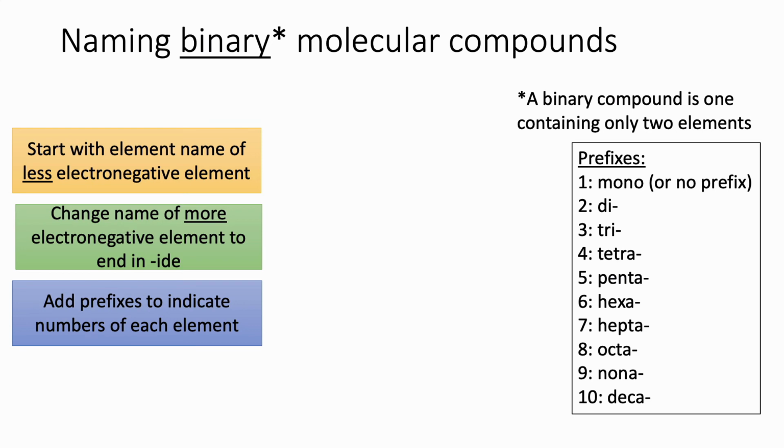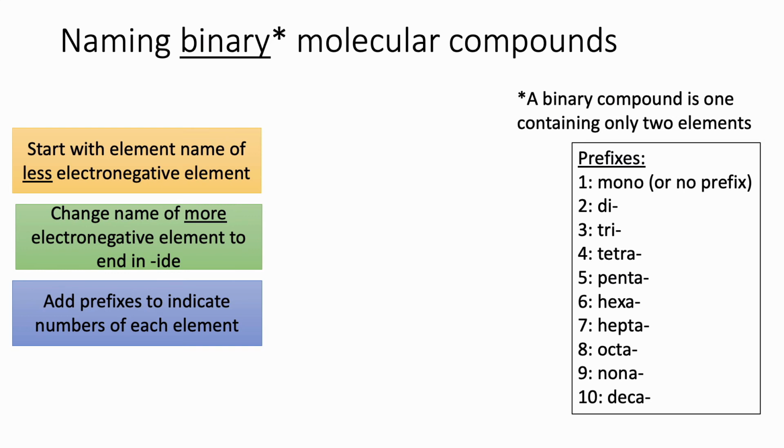So we have a three-step process here. First, we're going to start with the element name of the less electronegative element. That's one of the reasons I had to talk about electronegativity early on. Then we're going to change the name of the more electronegative element to end in "ide."